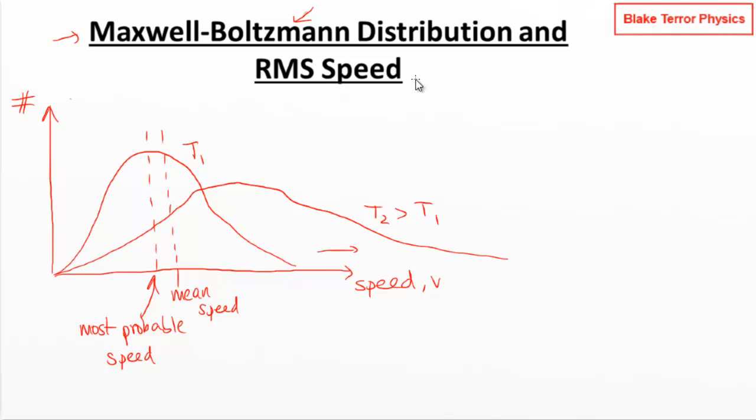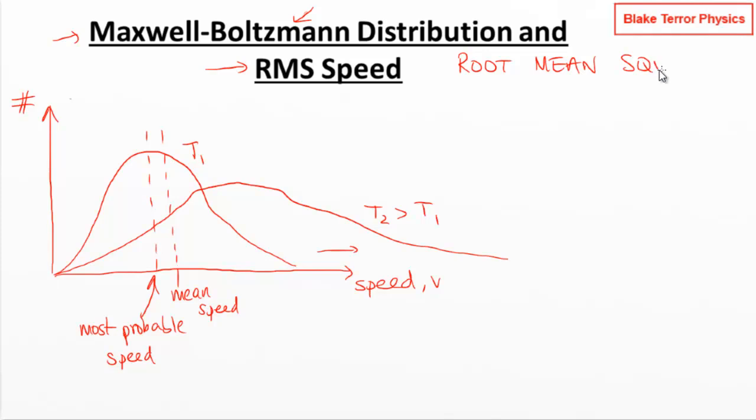That's a first step into statistical mechanics if you can work out that probability distribution. Now, I've marked on here this most probable speed and this mean speed, but are these the speeds that we're really interested in? As in the title here, I'm talking about the RMS speed. So this is the root mean square speed.